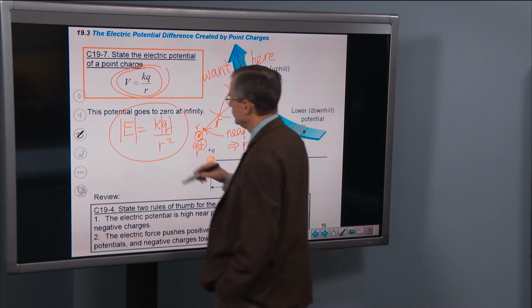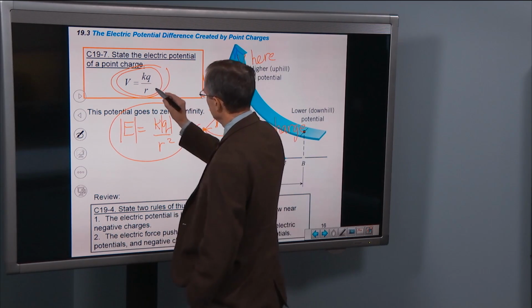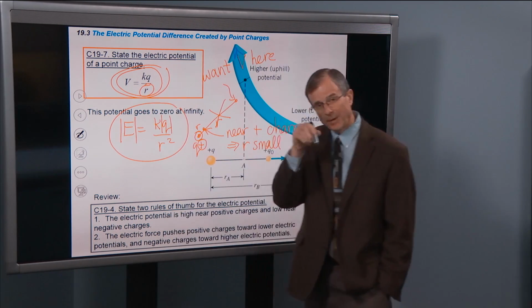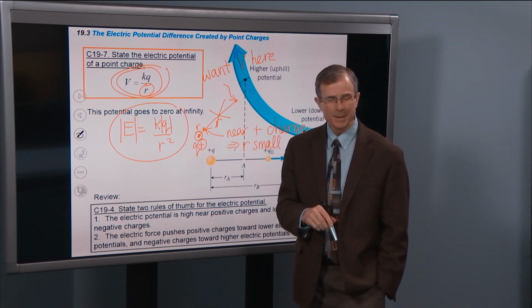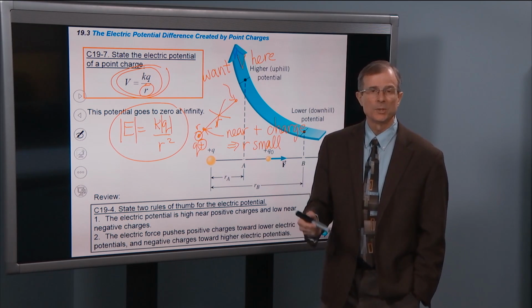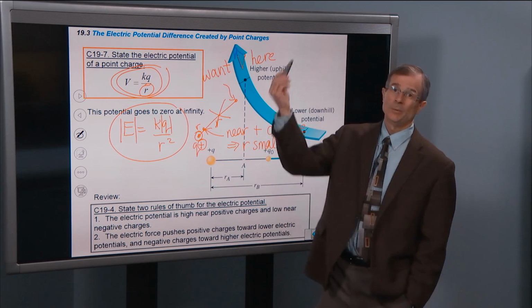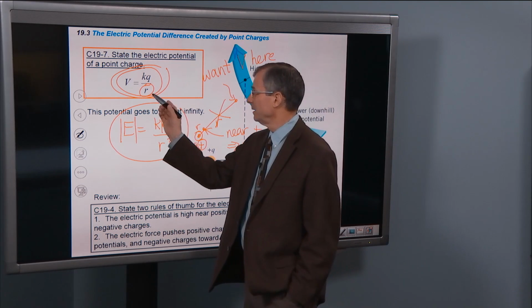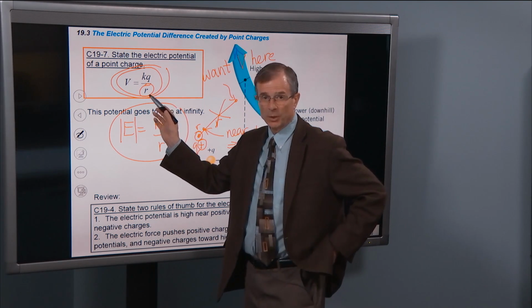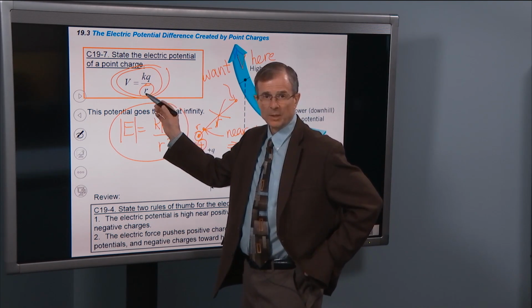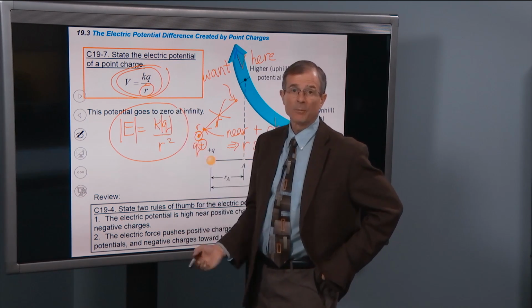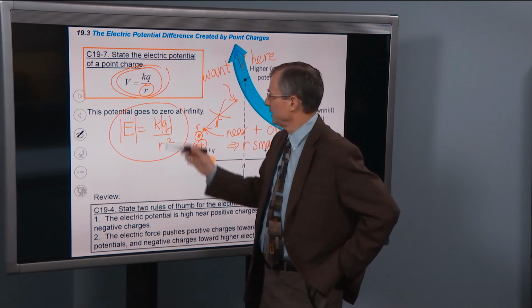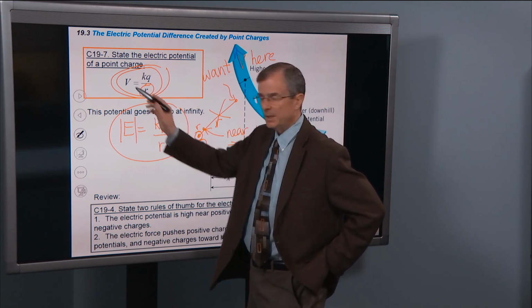And if r is small, since we're dividing by r, and you're getting something that's really small in the denominator, what does that do to the quantity itself? Well, it gets big. In fact, the absurd limit is where r goes to 0, and that would be the electric potential is kq over 0, and that would blow up to infinity. So the smaller r gets, the bigger V gets.